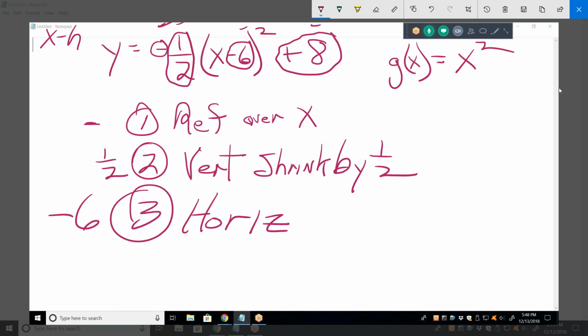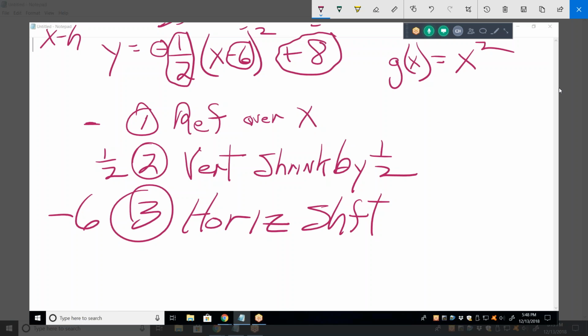So in this case, h would be a positive 6. Positive means shift to the right because we're adding or subtracting. We're not multiplying that 6 times x. We're subtracting 6 from x. So it is a horizontal shift, not a stretch or a shrink.